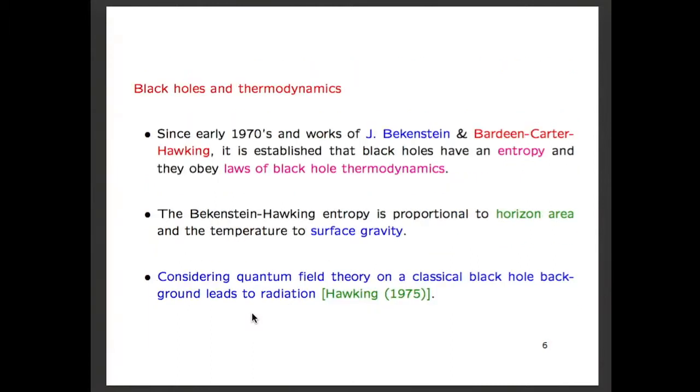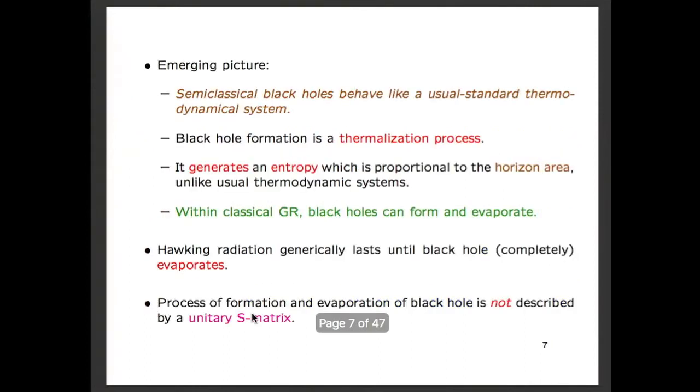So then there is another parallel description of black holes, which is that black holes behave as thermodynamical systems. They have temperature, and there is an entropy associated with them proportional to the area. And the emerging picture for black holes is that we have a thermodynamical system which Hawking radiates.